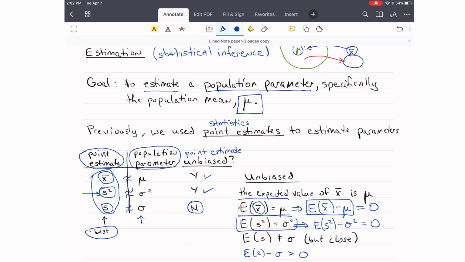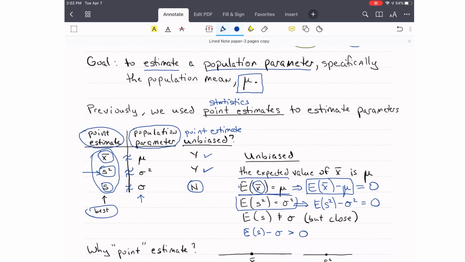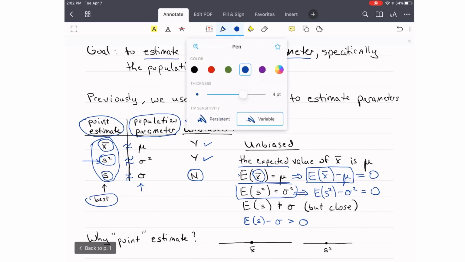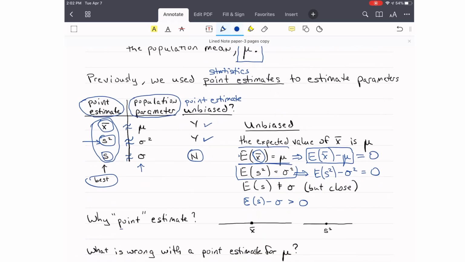But you say, well, are we done? Because we're trying to estimate these population parameters. Well, no, we're not done. And before we talk about that, let's first ask ourselves why this is called a point estimate.